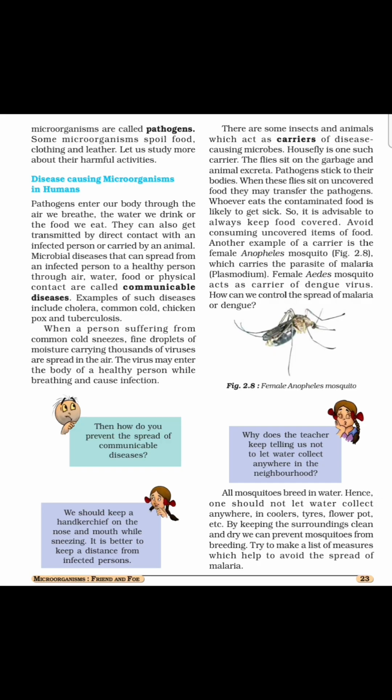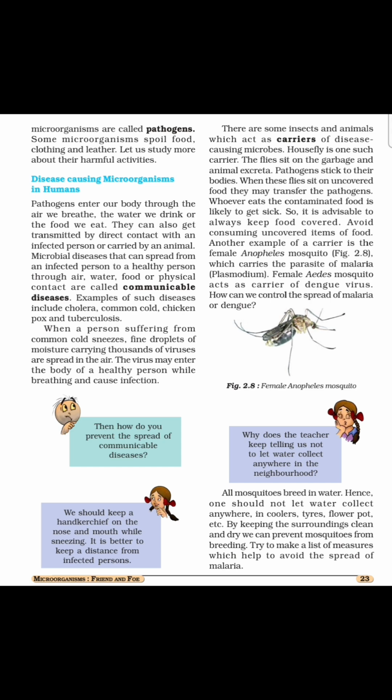Now see the disease causing microorganisms in humans, that is communicable diseases. Now, how do these tiny pathogens get into our bodies and spread? They can enter through the air we breathe, the water we drink, and the food we eat.